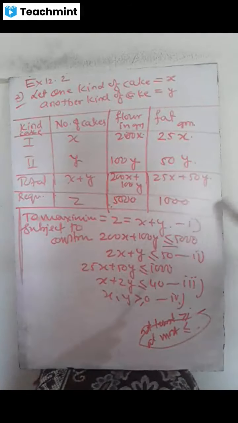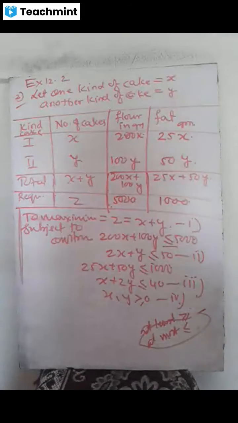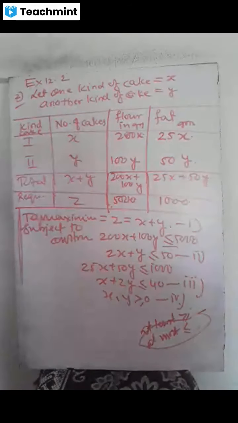Divide it by 25, so x plus 2y less than or equal to 40. This is equation 3. And lastly we put x and y greater than or equal to 0, as we did in 12.1.